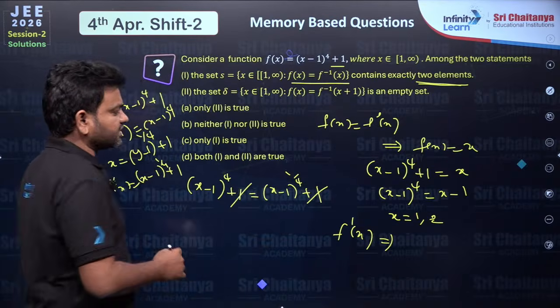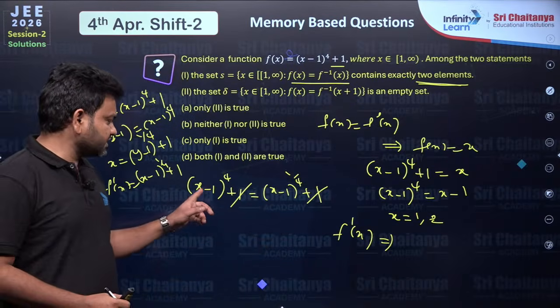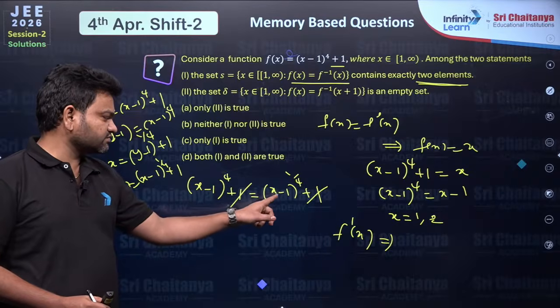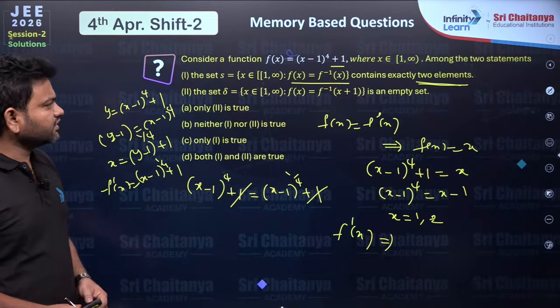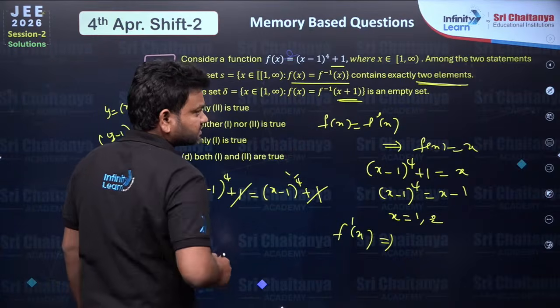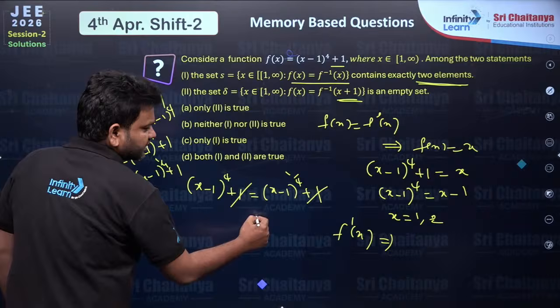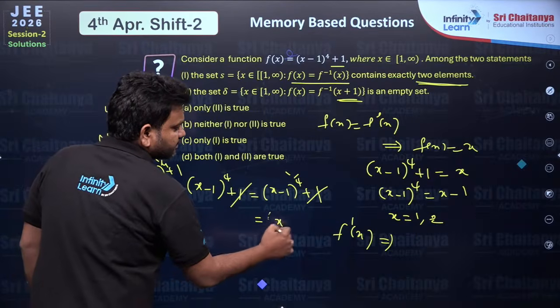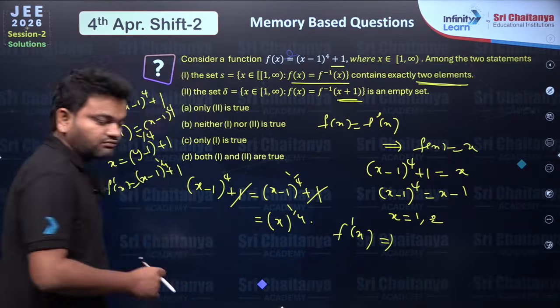So these two are going to get cancelled. Now I have 2 things here, (x minus 1) power 4 and (x minus 1) whole power 4, right? Sorry, in this also I have to substitute x plus 1. So when I substitute that, this is going to be x power 1 by 4, right?